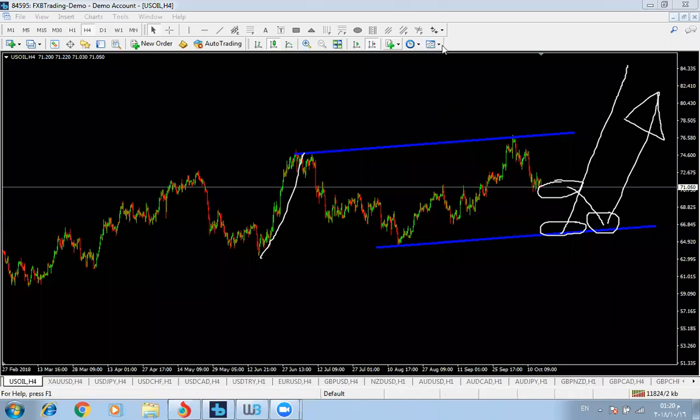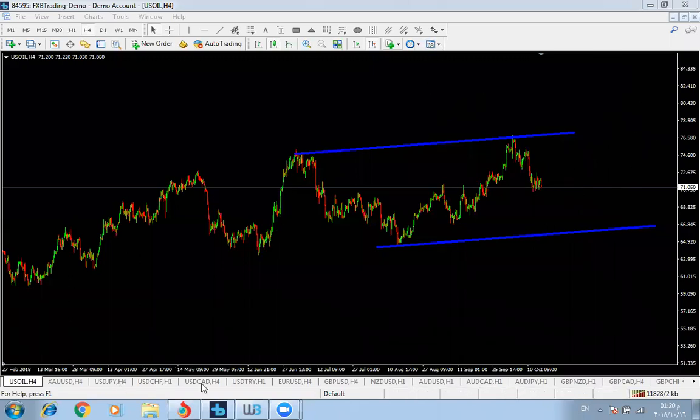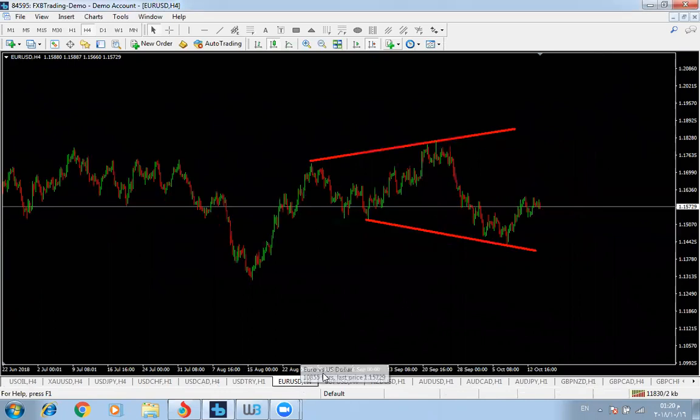Let's move into the euro against the dollar. The same thing. I'm watching markets doing the same structure at the moment. This is A, B, and C. So we have a price action right there.